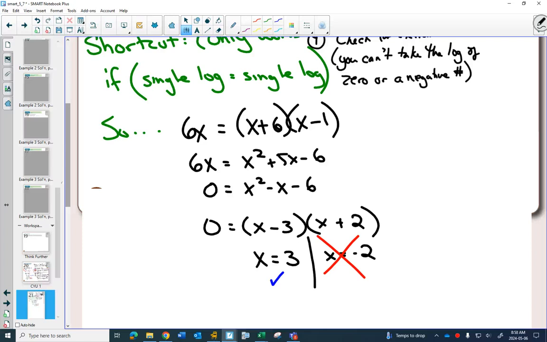It's possible sometimes that you do all the work and none of them work. You do a whole bunch of work, check your answers, and none of them work. This happened, oh, it's probably been about 8 years ago. On your provincial exam, the very first question on the entire exam was a log solving equation where you did a bunch of work, got your final answer, and when you checked, it didn't work.